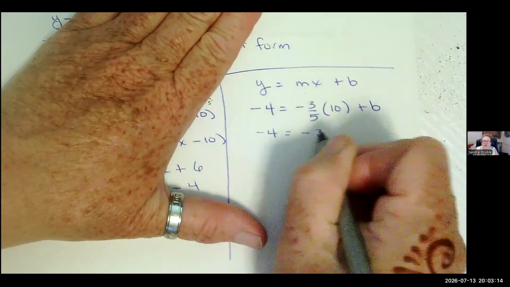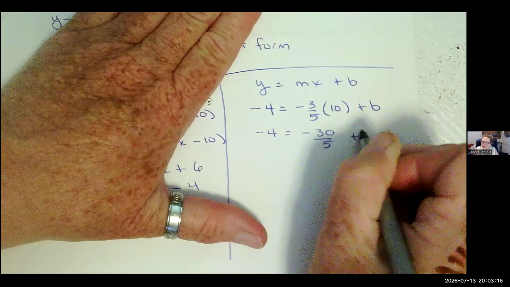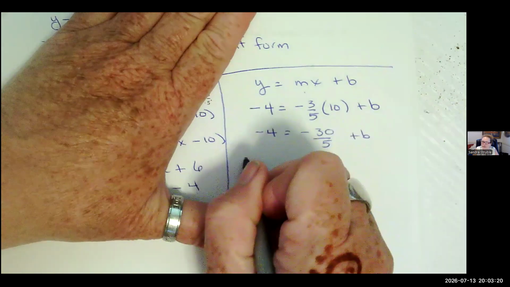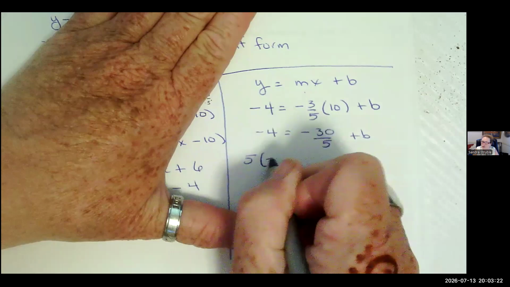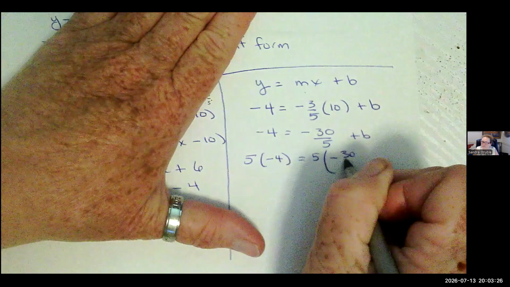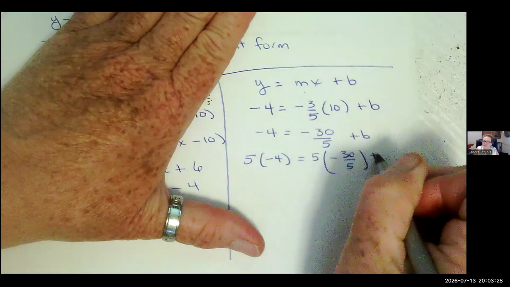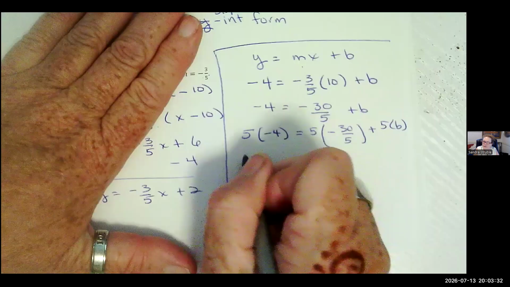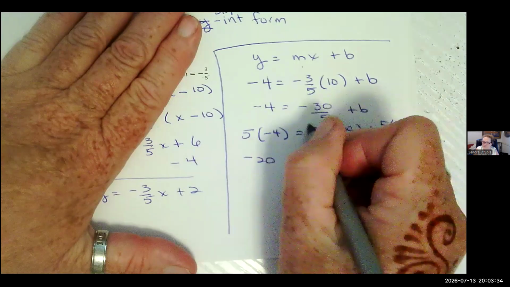Let's pretend like these don't equal out nicely. So then, to get rid of that 5, we're going to multiply by 5 to every single term. And I taught you this a while back, many moons ago. And then 5 times b. All right. So this becomes negative 20 is equal to negative 30 plus 5b.